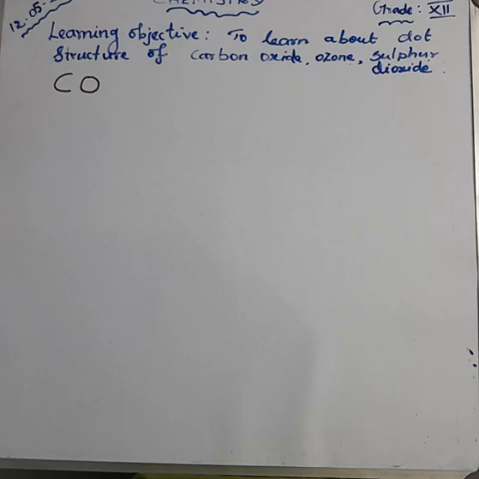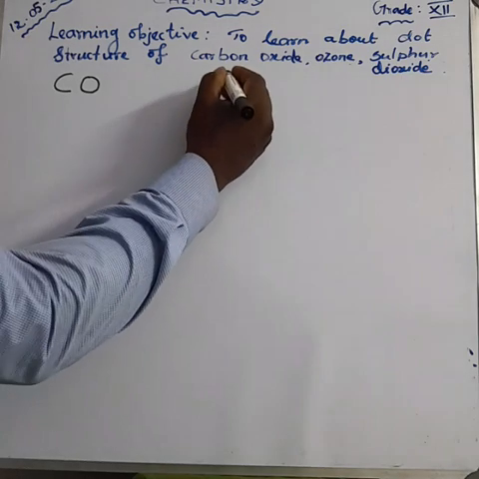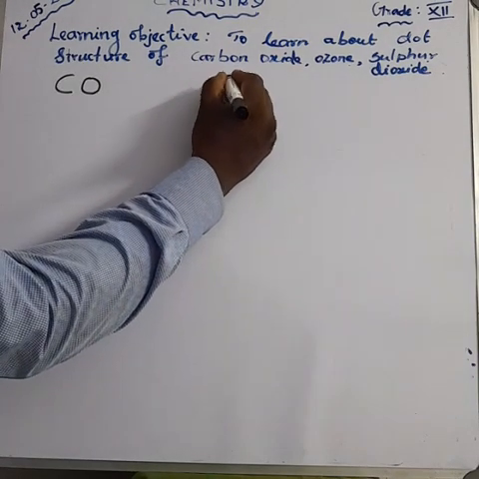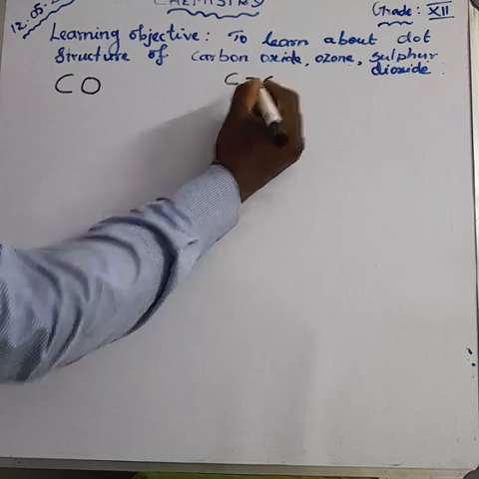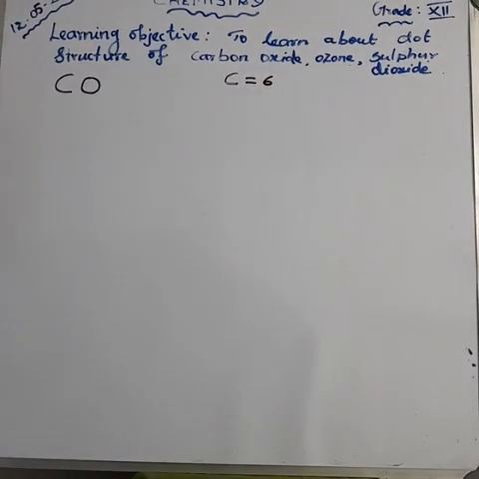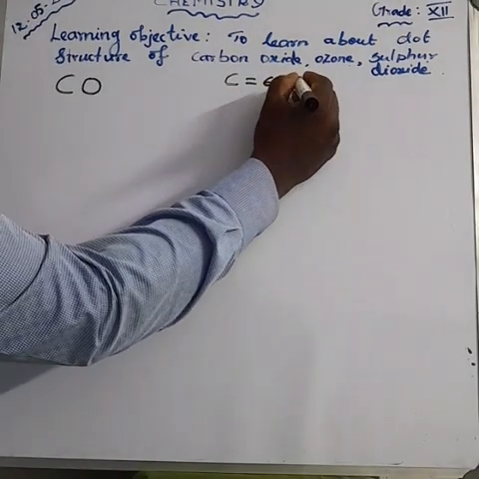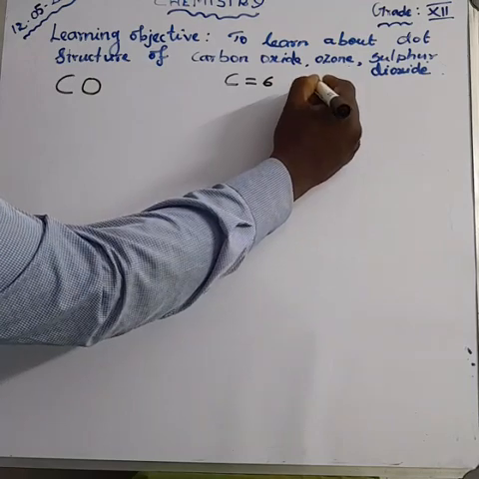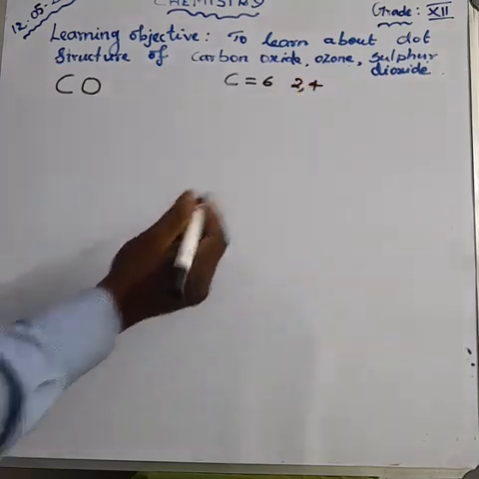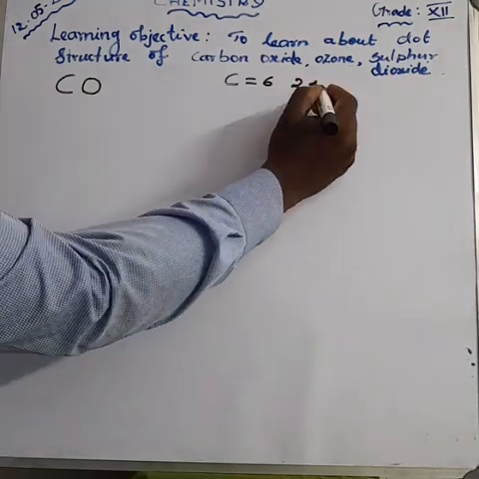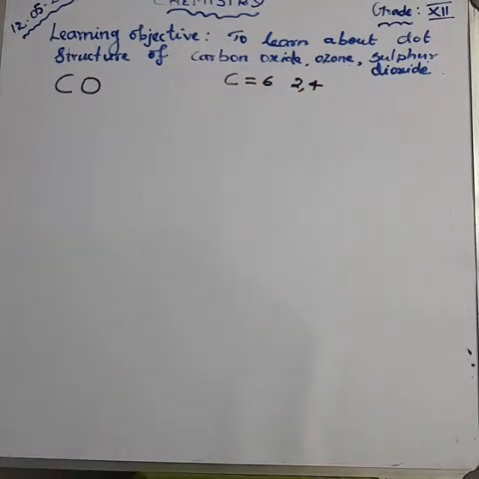First you have to say each element's atomic number. The atomic number of carbon is equal to 6. As per the first shell, we can accommodate 2 electrons. Second shell is 4 electrons. The 4 electrons are called the valence electrons. Am I right?